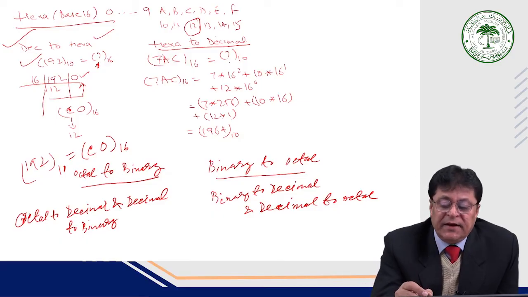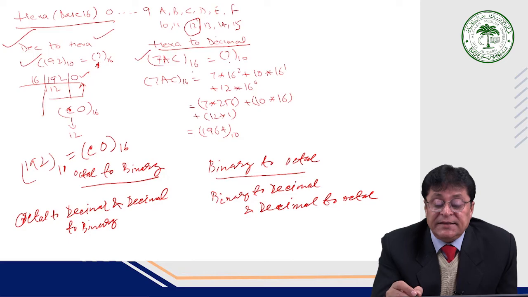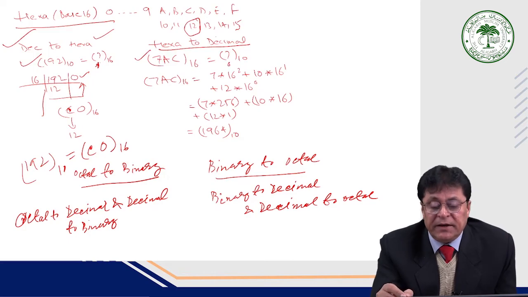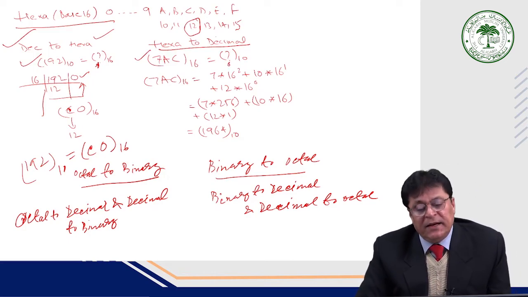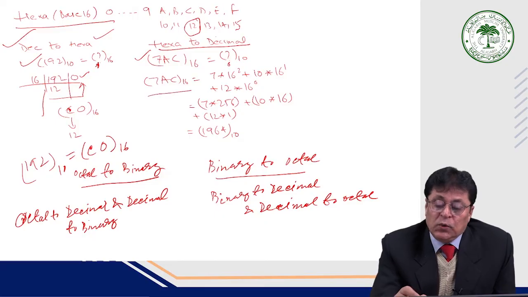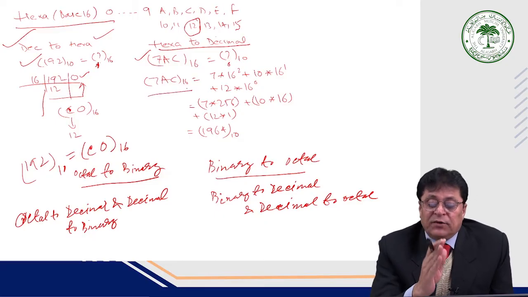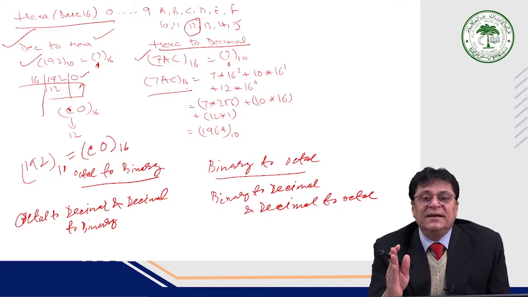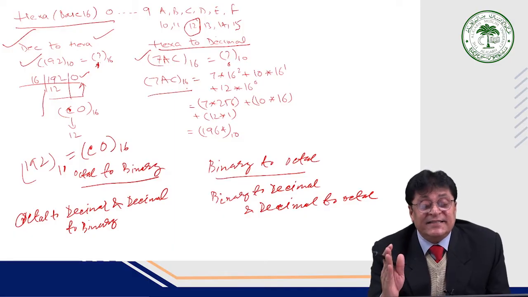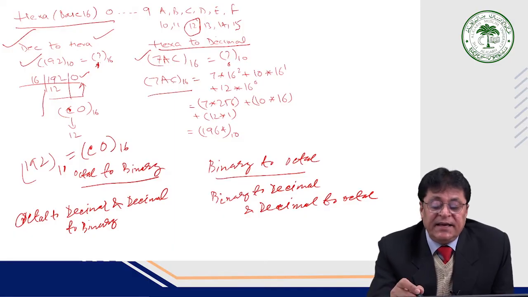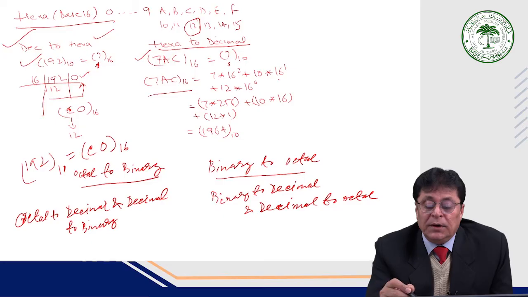Suppose this is the given number 7AC hexadecimal, which is to be converted into the equivalent decimal number. So the rules are the same. We'll start from the rightmost digit, which is the least significant digit. Here it is C. C is equal to 12, and then A is equal to 10.